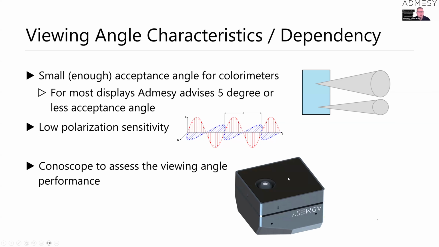And in the end, when you want to assess the viewing angle, so exactly describe under which angle a specific color is seen, then you can do that with a so-called cornerscope, which measures a single spot, but this single spot collects the light from all the different angles, for example, plus minus 50 degrees, and then tells you in a resolution of, for example, 5 degrees, the different colors you will see under different angles. And that is a measurement which can be done with one measurement shot, so to say.